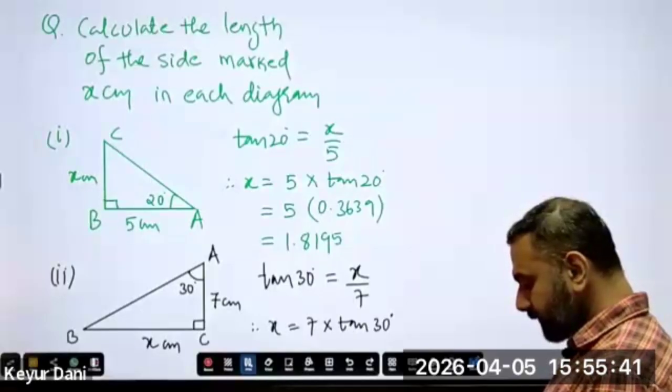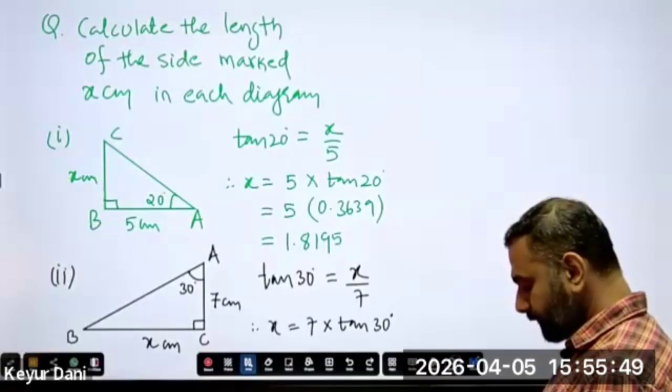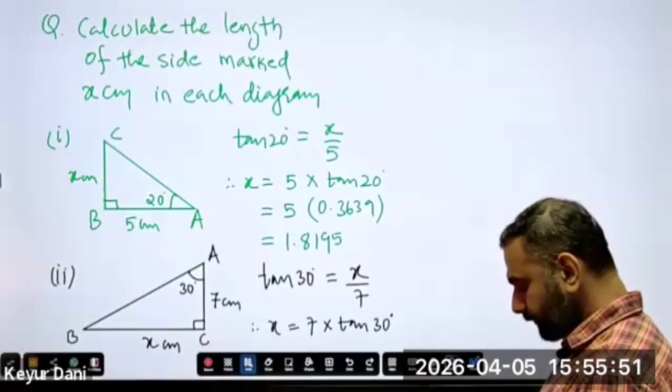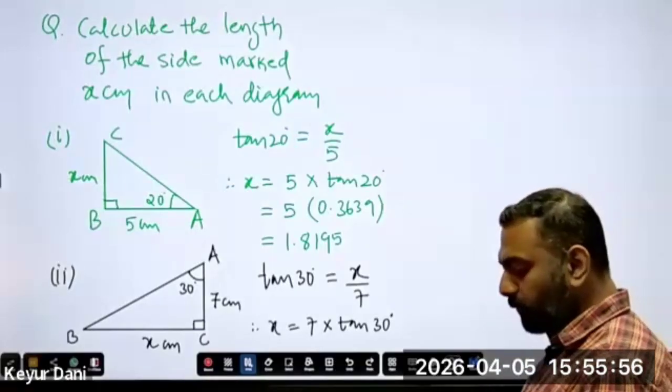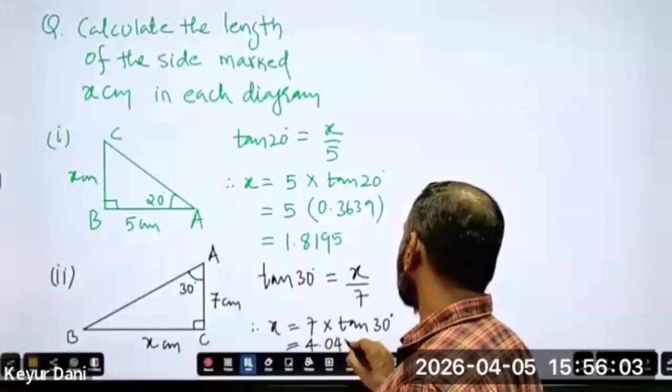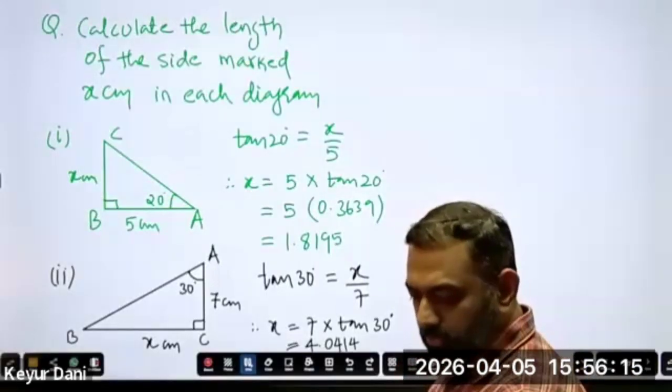Let me just check. 4.0414. Correct. We just need to write only 4 digits after the decimal point. Okay. All right. Now, last question for today's lecture that we'll do.